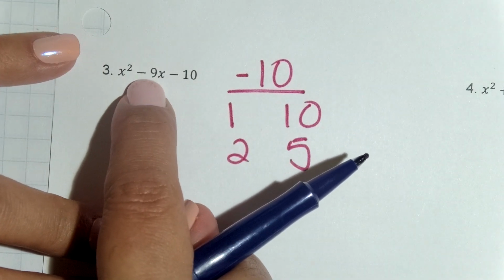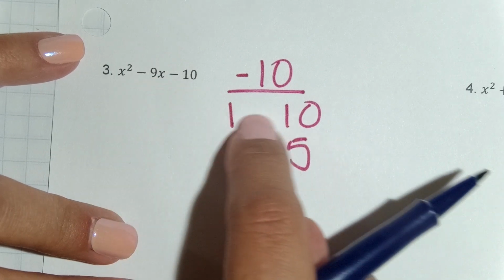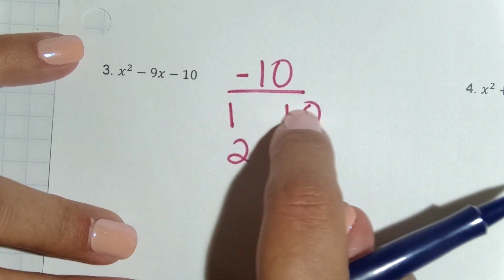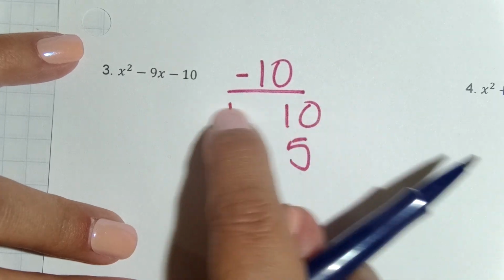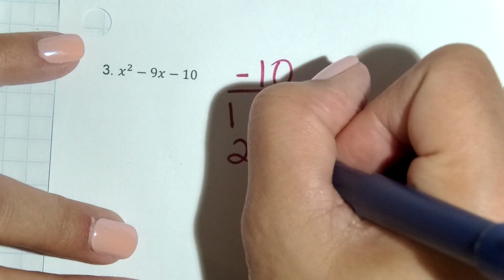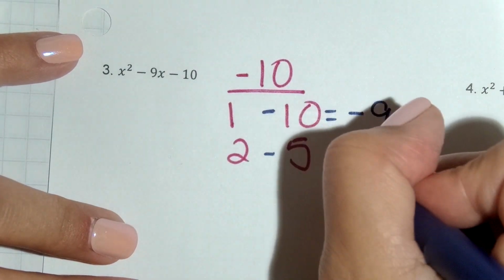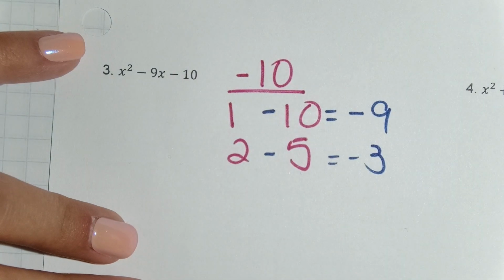So which factor pair do we think will get us to negative 9? 1 and 10. But one of these needs to be what? Which one's going to be negative? Very good. So this will be negative 9. If I did this, this will be negative 3. Are there any questions? Are we sure?